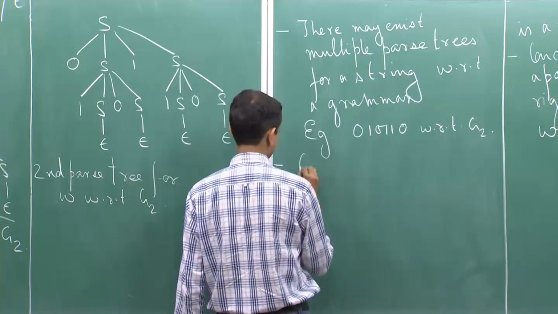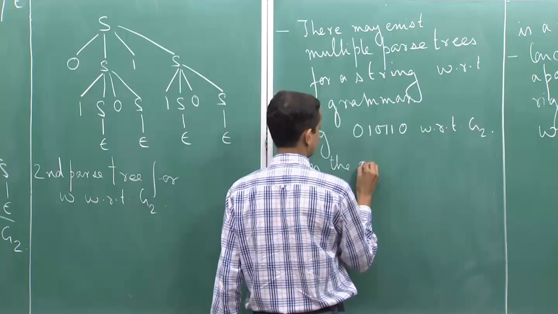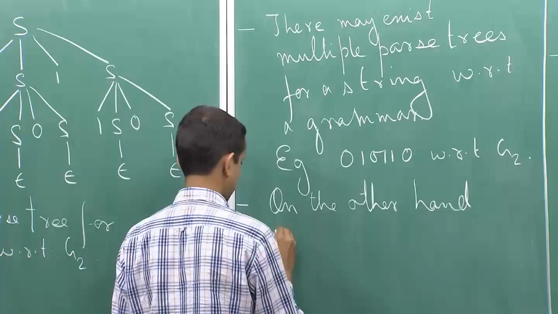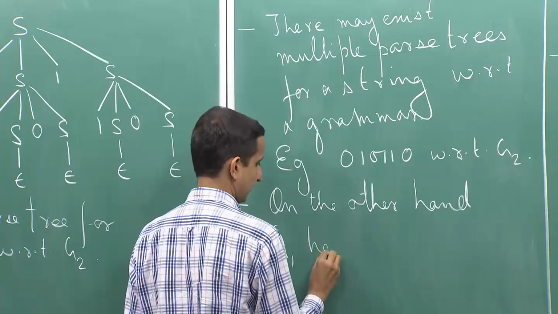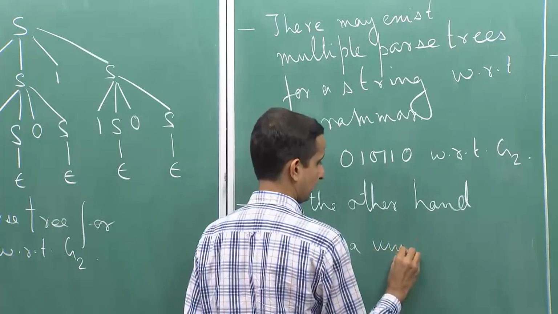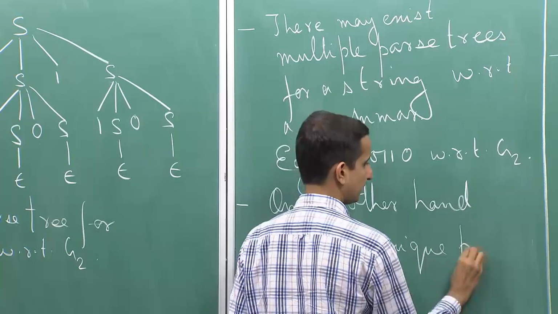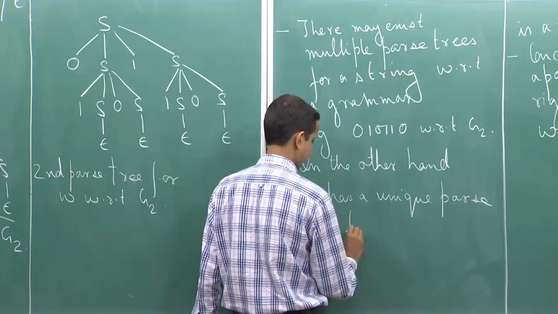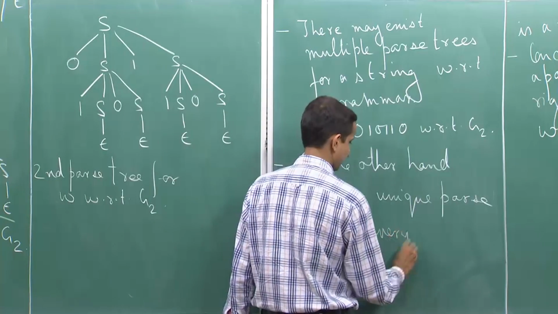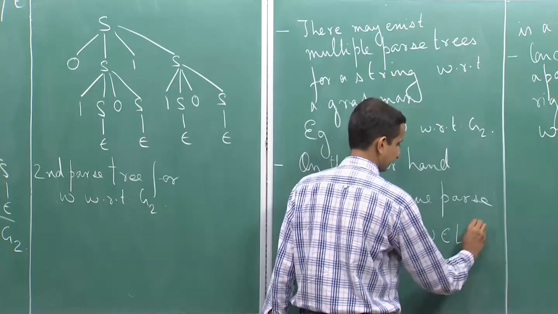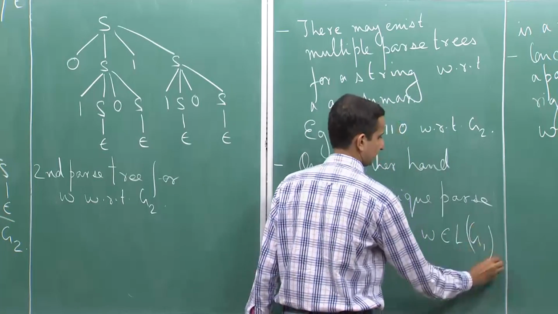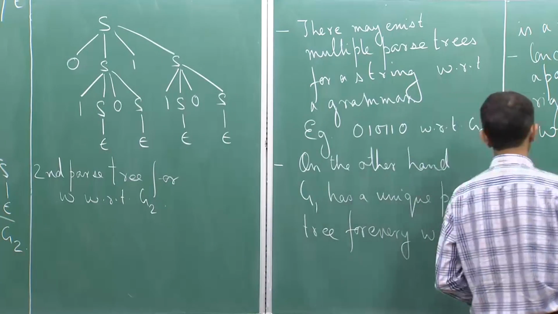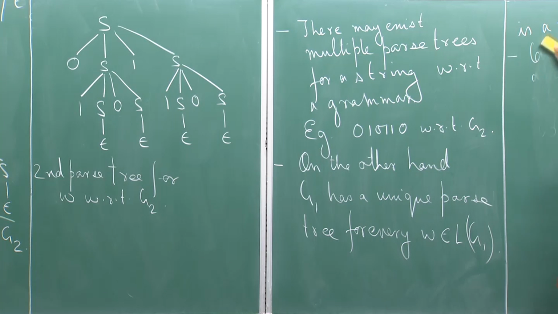So, on the other hand, G1 has a unique parse tree for every W in the language of G1. Okay.